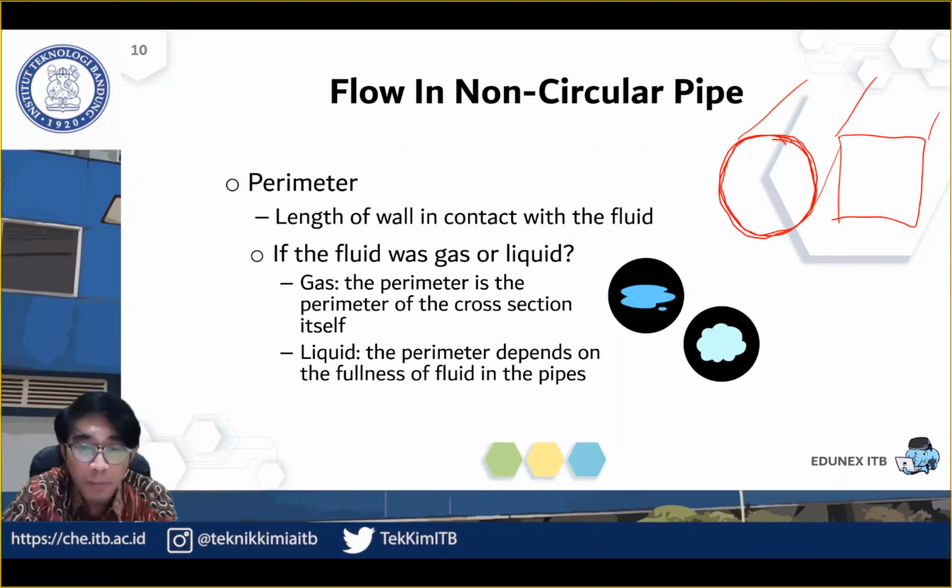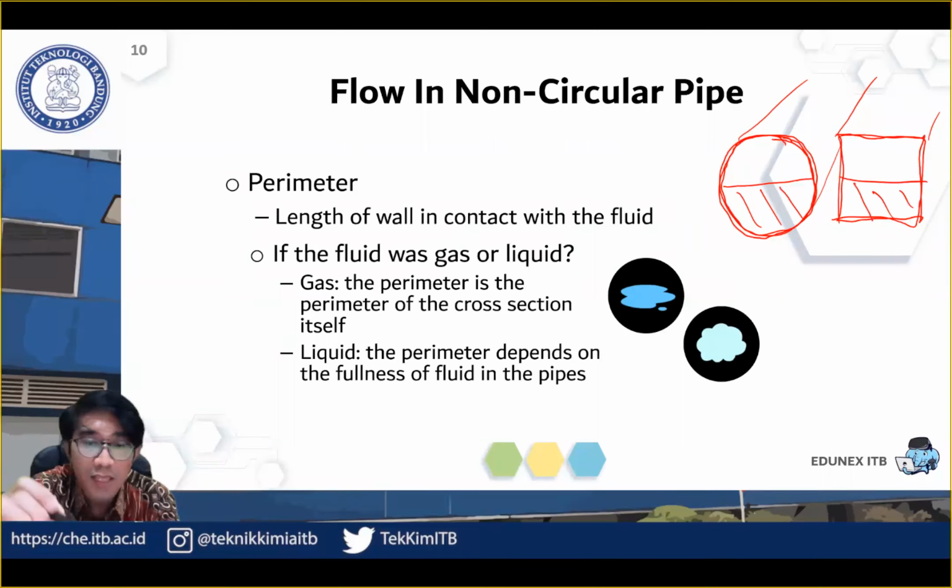For this one, the perimeter will be this length. But if the liquid is only filling half of this one, or half of this one, the perimeter will be only this one. This one is the same, only this one. You can see the difference, right?